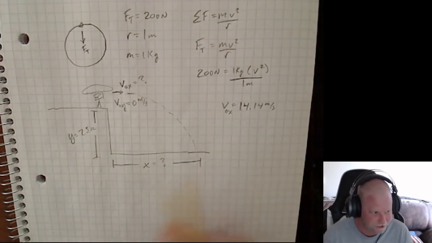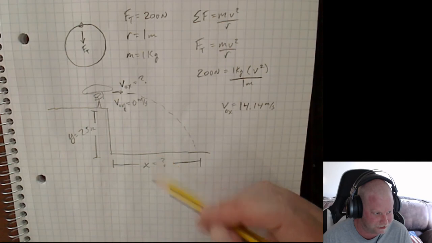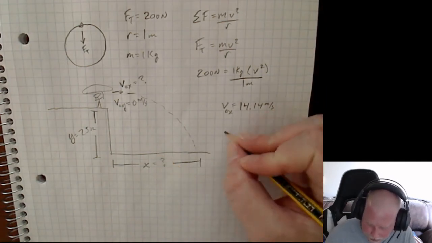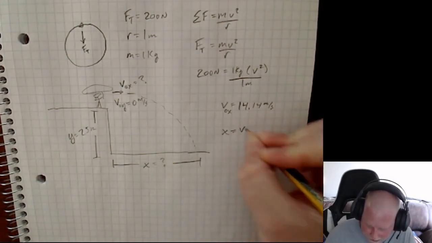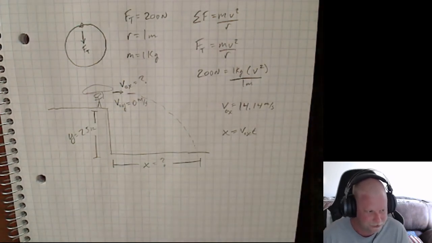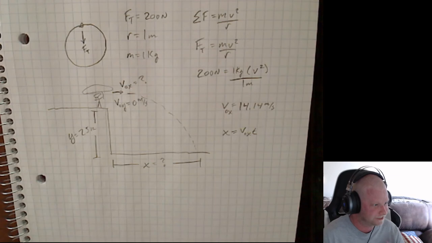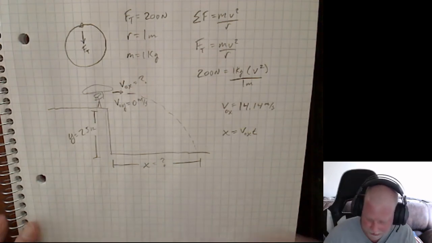Now, in the horizontal, there's no acceleration. The only acceleration with a projectile occurs in the vertical. So if we're looking for x, x is going to be equal to the initial velocity of that rock times the time. So we need to know the time that that rock is in the air, between the vine snapping and it landing on the ground.